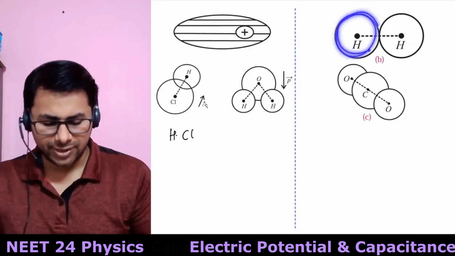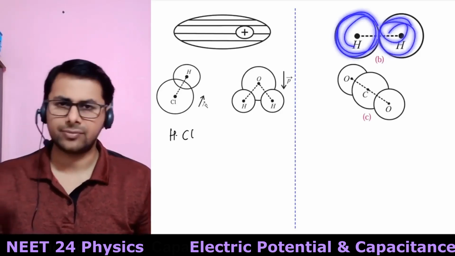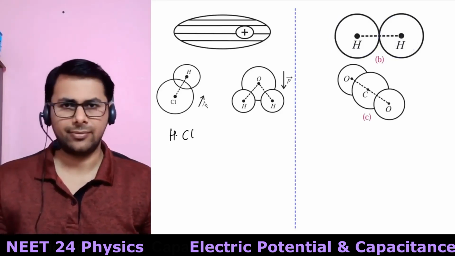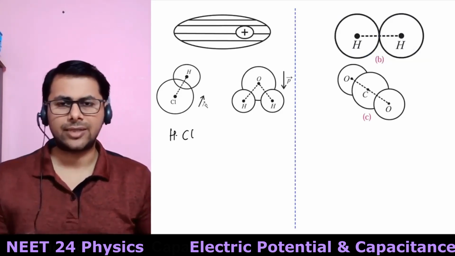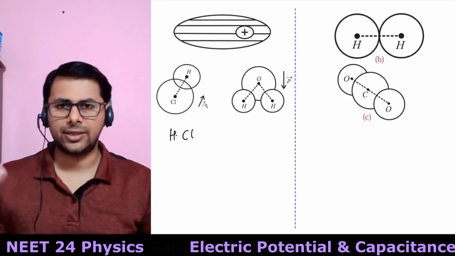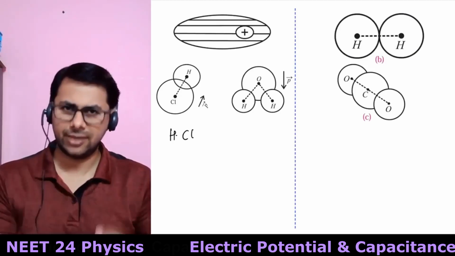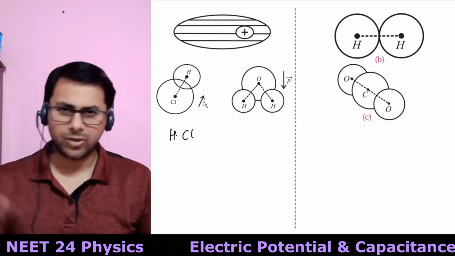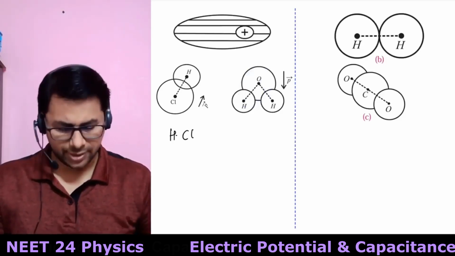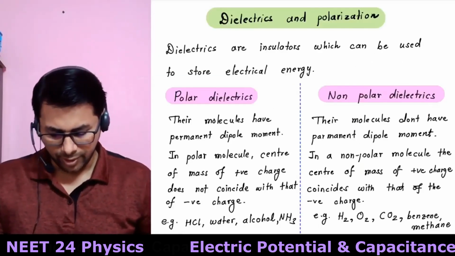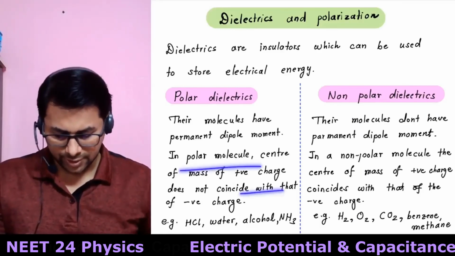What is the center of mass of these negative charges, the electrons? It's also the same, right? So for a non-polar molecule, the center of mass of the positive charges and the center of mass of negative charges is the same, then the molecule is known as a non-polar molecule. In the case of a polar molecule, it is different. All right, so that's another point.